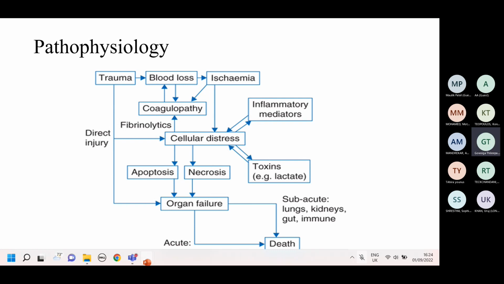Let's discuss some pathophysiology, which is common to trauma and surgical stress.